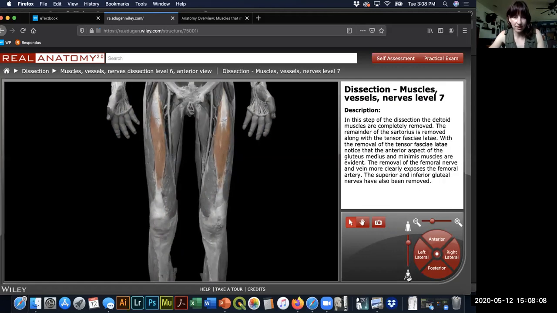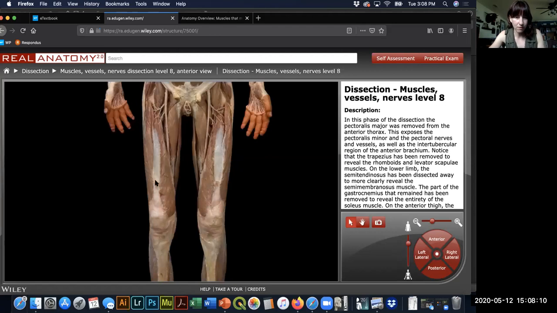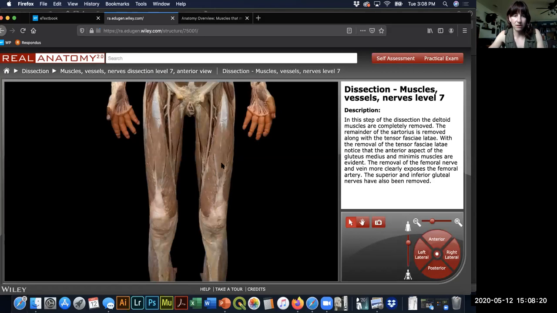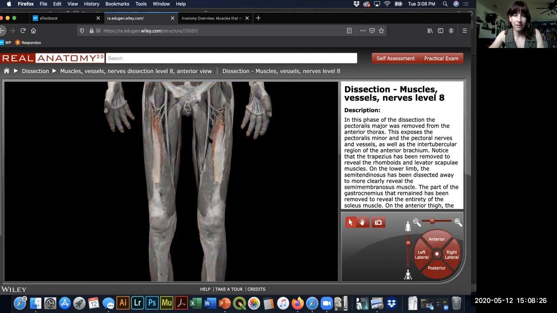if we dissect down a little bit, here we go, we should see the vastus intermedius, okay? So the vastus intermedius is deep to the rectus femoris. The rectus femoris lays right on top of it. Is that clear what I'm doing here?